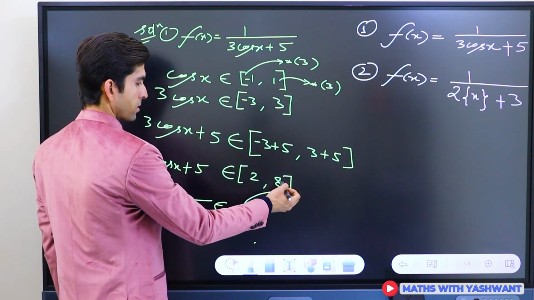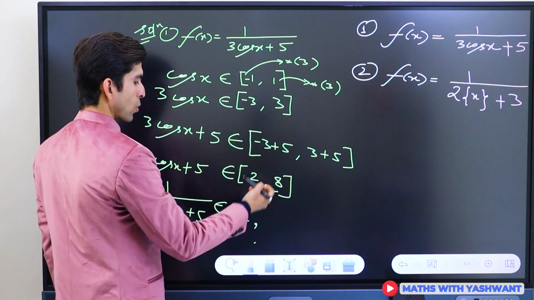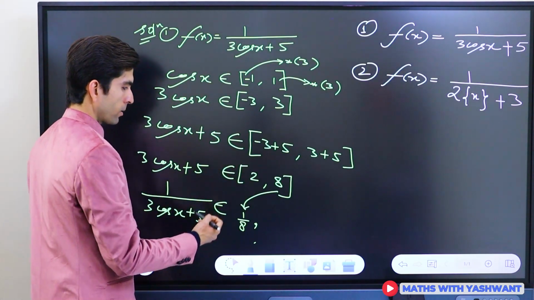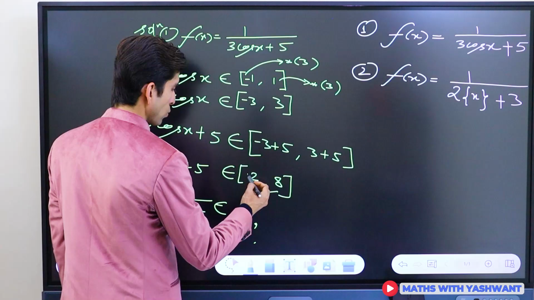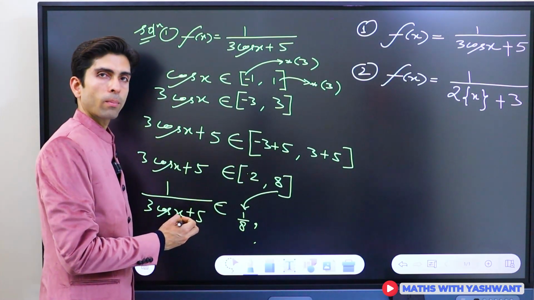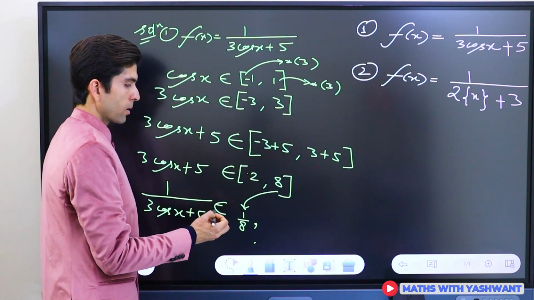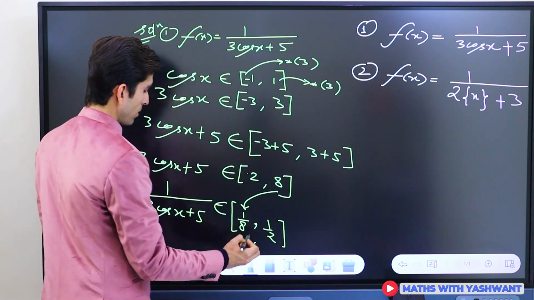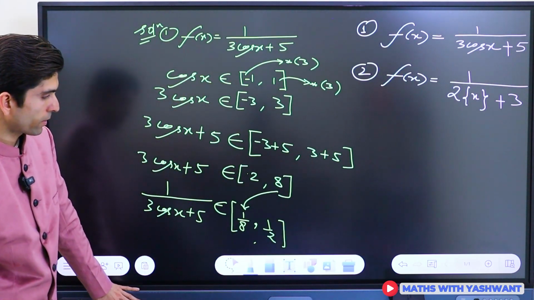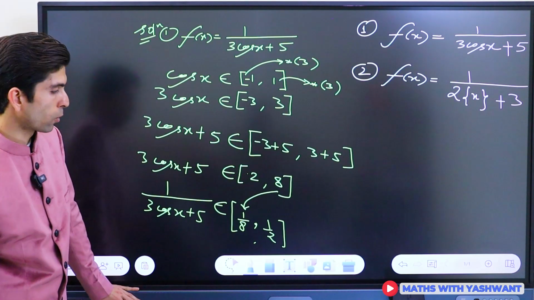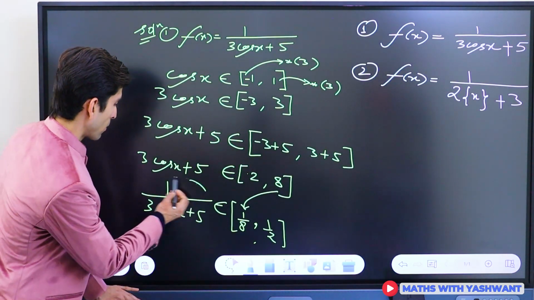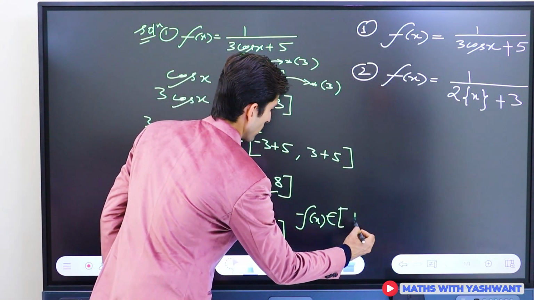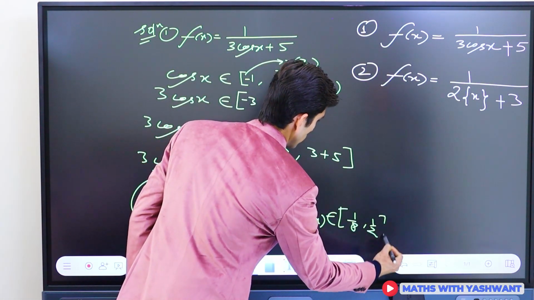The right hand boundary point 8 after reciprocal, 1 by 8, will become the left hand boundary point of the required expression. And for 2, which is actually the left hand boundary point with a closed, it will become the right hand boundary point after reciprocal with a close. So we have a range of 1 by 3 cos x plus 5 as 1 upon 8 to 1 upon 2 and closed from both sides. So this is actually our f x. So the range of f x we have got as 1 upon 8 to 1 upon 2.